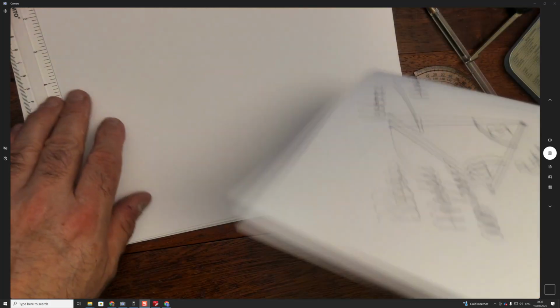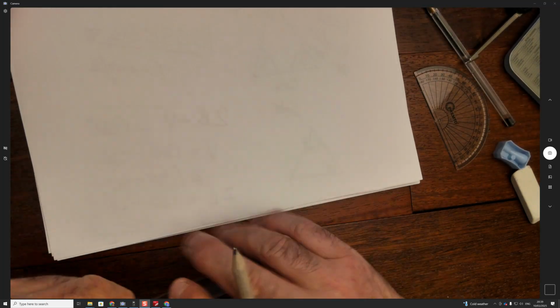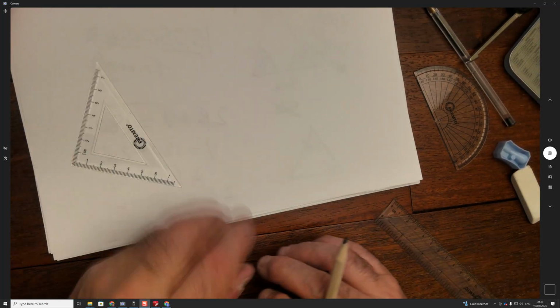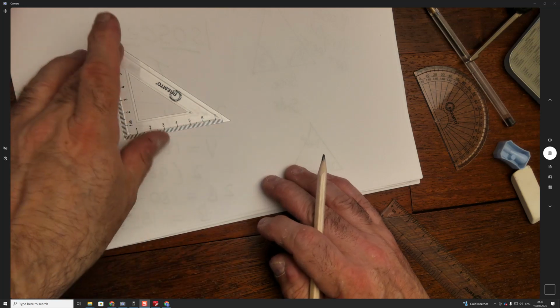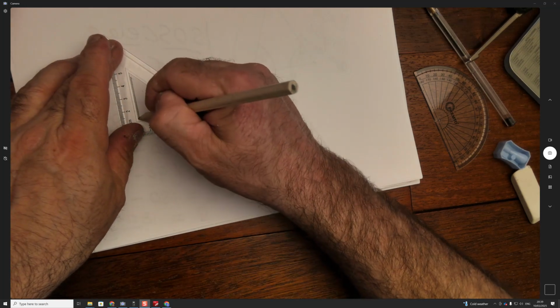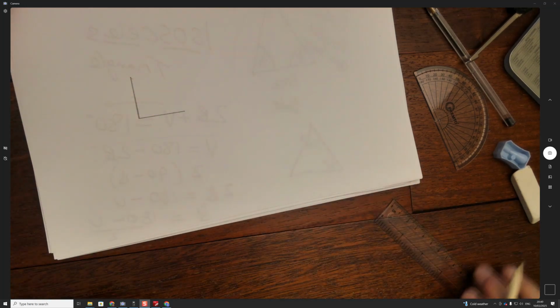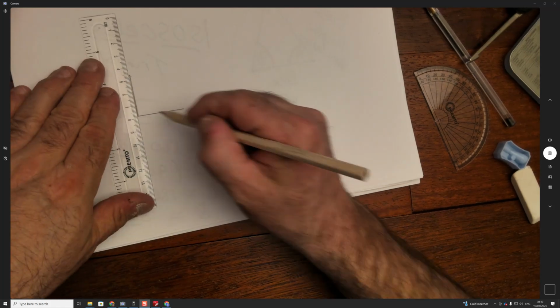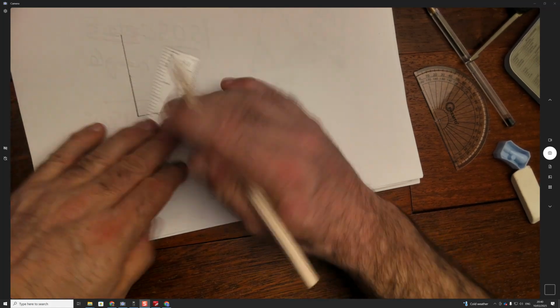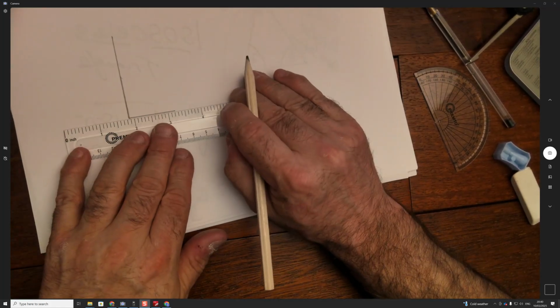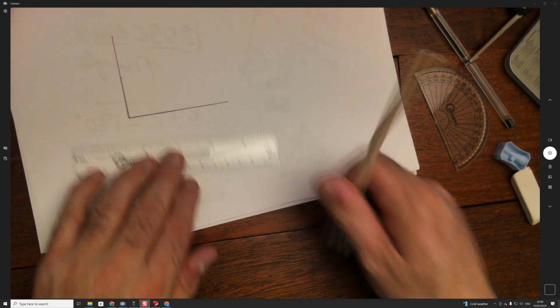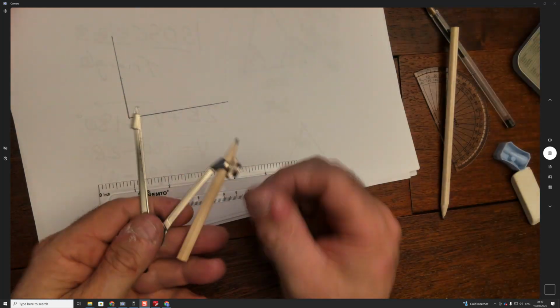Last one there is a right angle triangle. While we can do it all sorts of ways, let's just start off simple. Draw yourself a right angle. Extend it. Take your compass, and we'll just do a generic one.